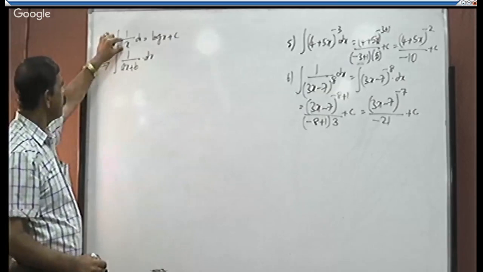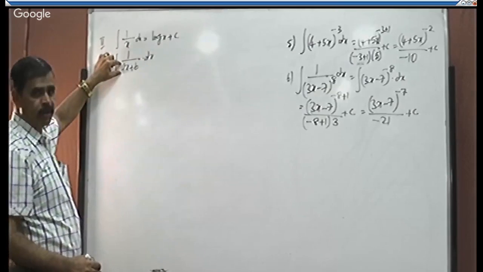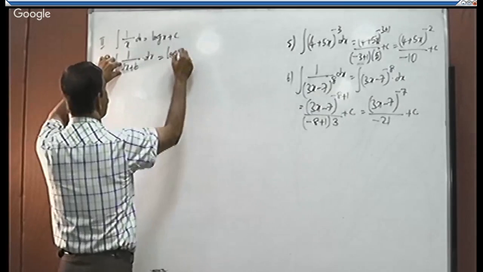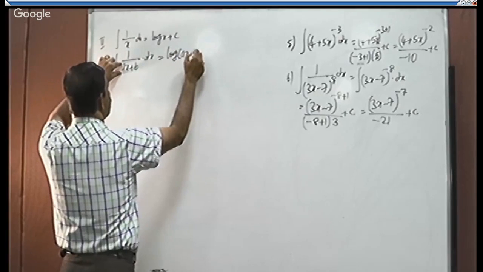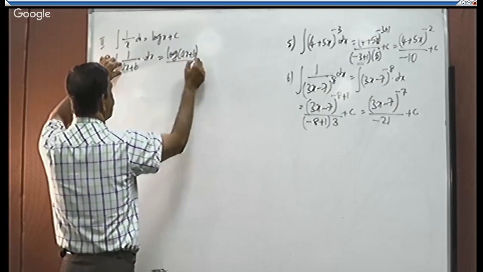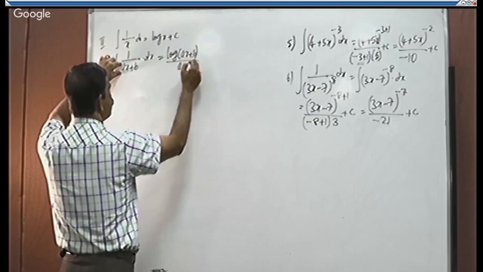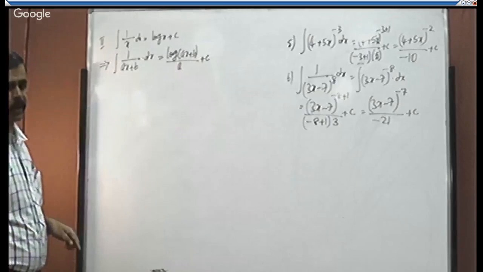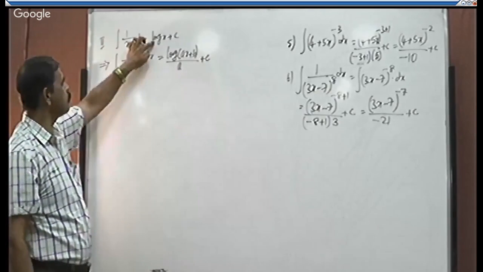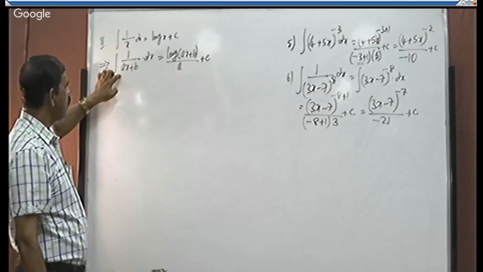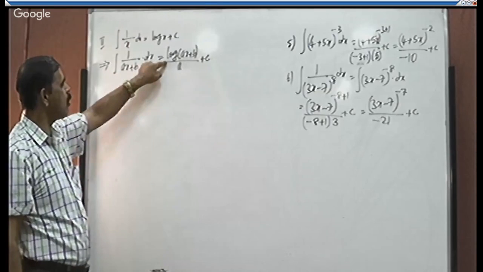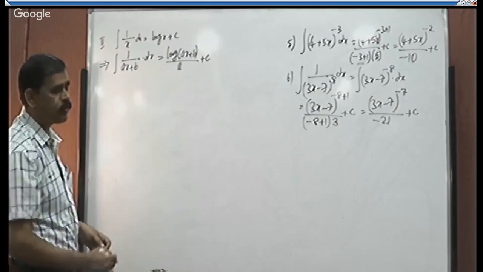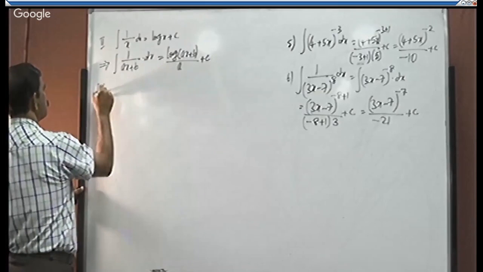See the difference: x is replaced by ax plus b. So what will be the answer? It is log of ax plus b, divided by, as usual, the x coefficient at the denominator. So integration of 1 by x is log x. Therefore integration of 1 by ax plus b is log of ax plus b divided by the x coefficient, that is a.